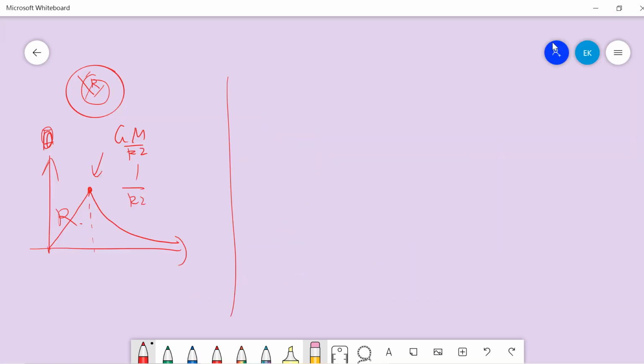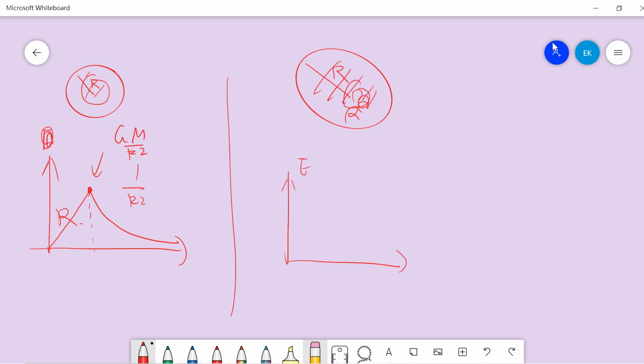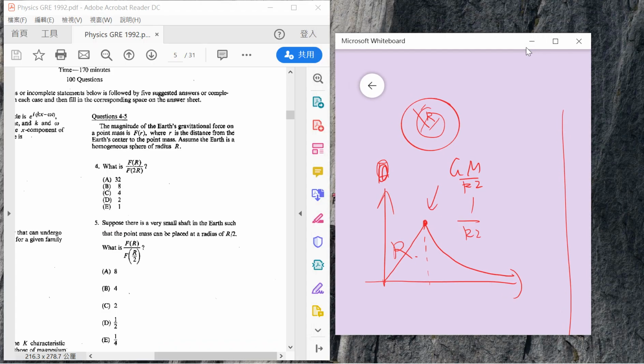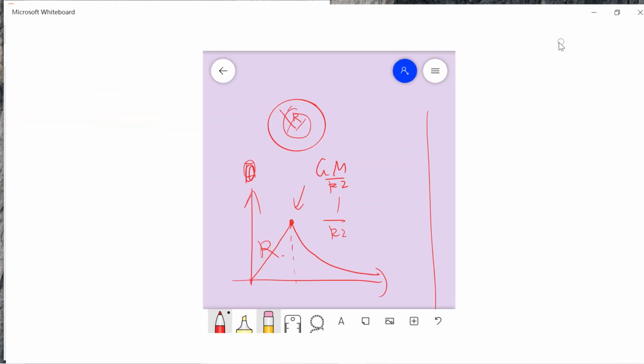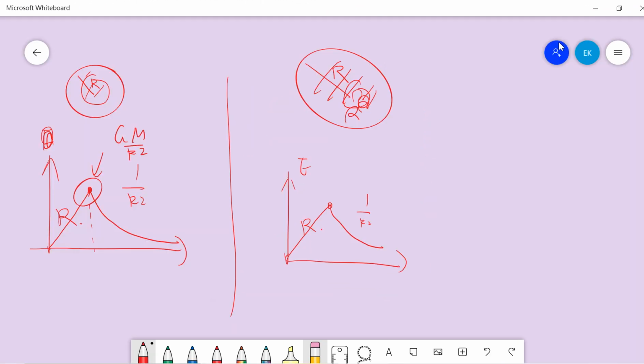The analog is a uniform charge solid sphere of radius r, whose electric field has the same pattern: linear in r inside and 1/r squared outside. These two you need to remember, since once you know this, you can derive any point because you know it's linear. This is the uniform charge solid ball, and this is a uniform solid sphere like Earth.